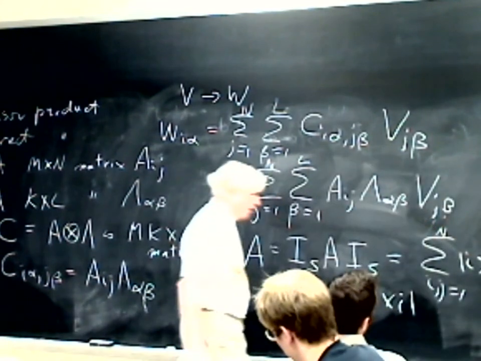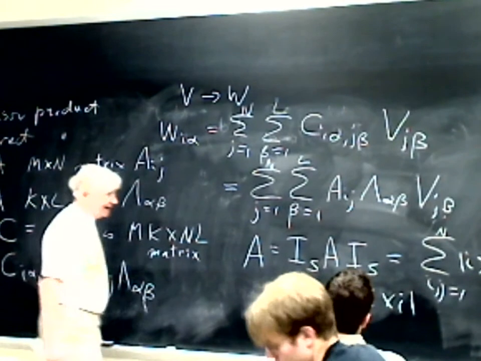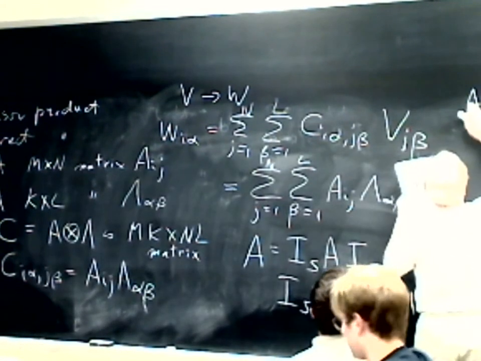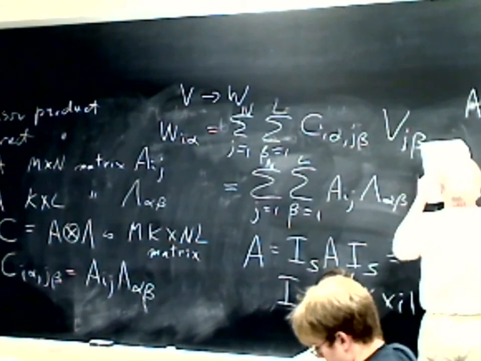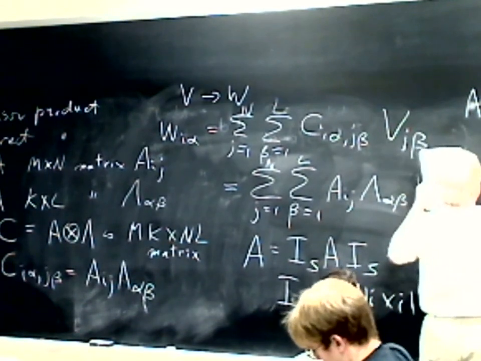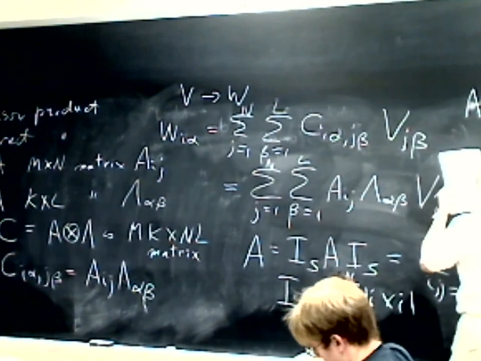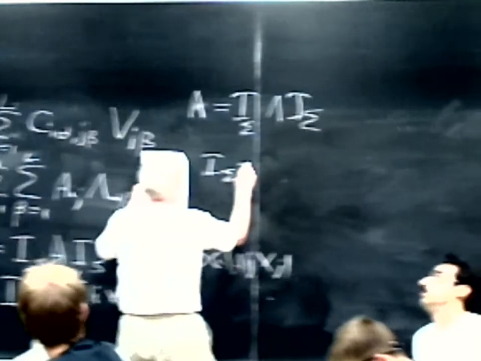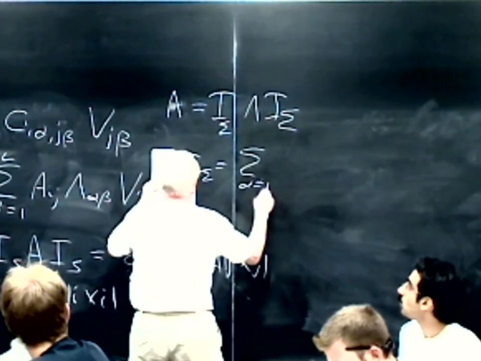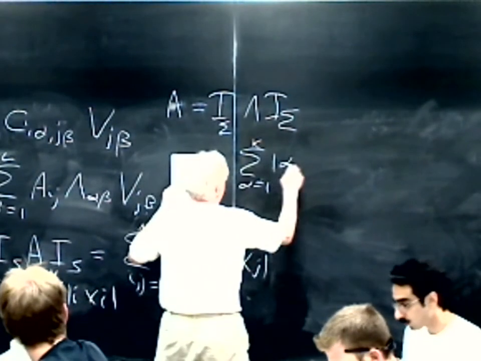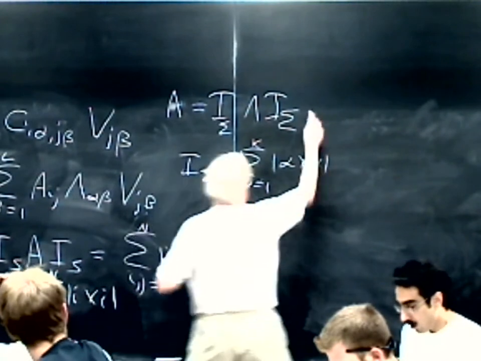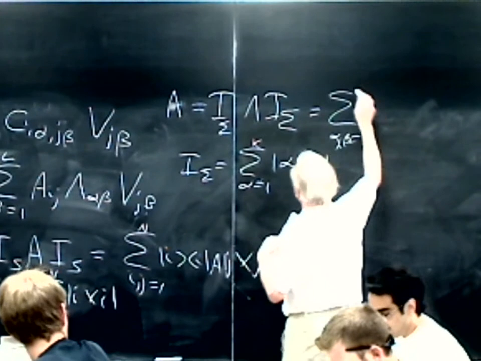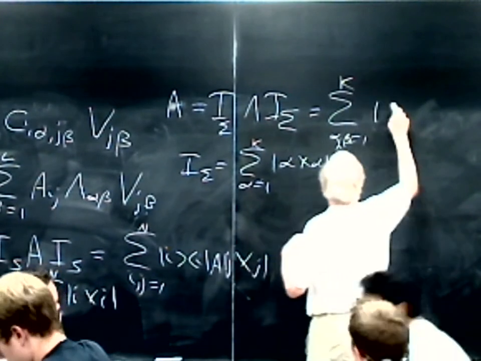So that's what the operator A looks like. Λ, on the other hand, will be |α⟩ Λ_{αβ} ⟨β|, where I'm letting |α⟩ be a basis with α equals 1 to k, so this would be a sum α, β equals 1 to k.